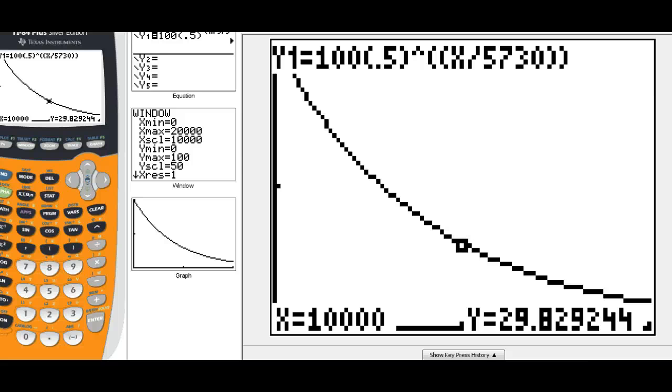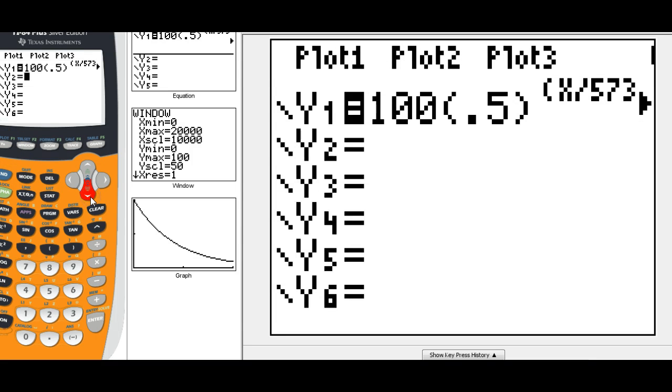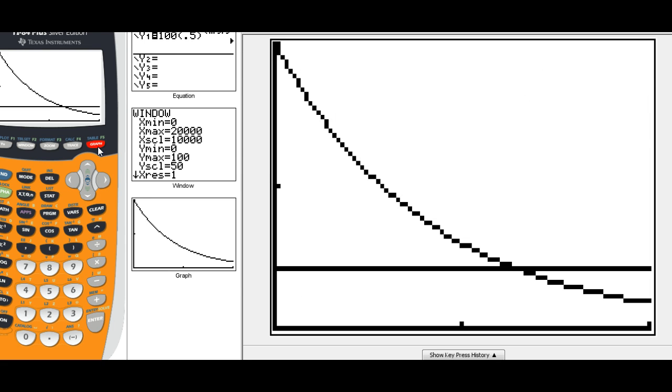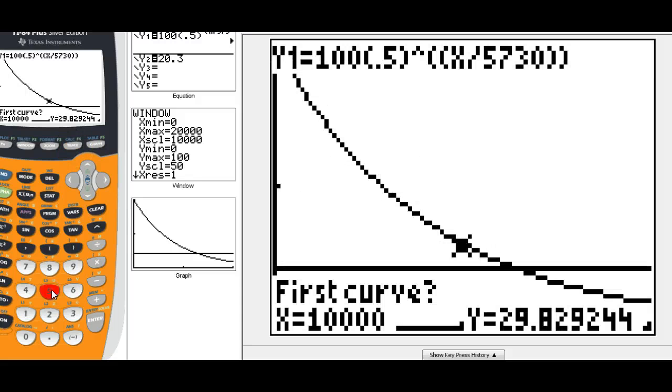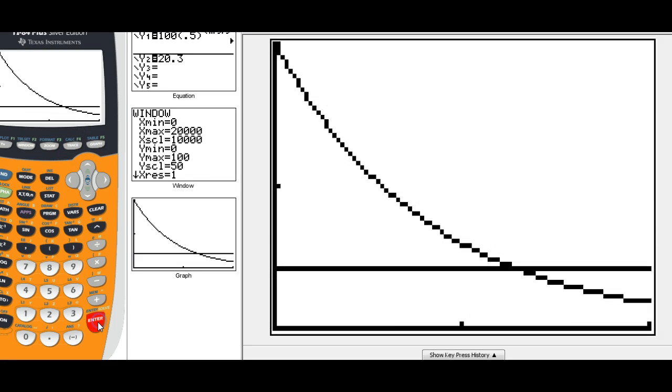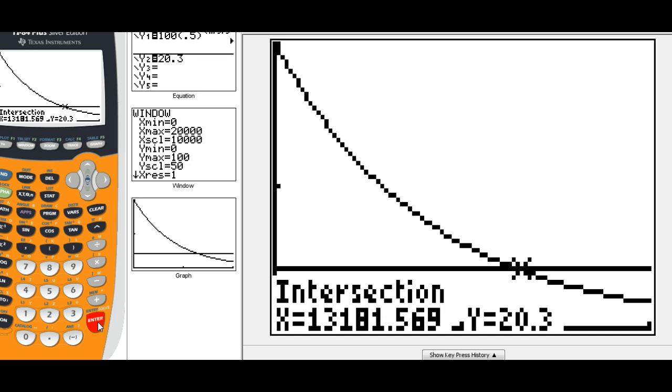So in Y2, I want to type in a percentage of 20.3, and when I graph that, it should intersect my exponential function. I want to find the point of intersection, so second calculate, intersect, and we just have to hit enter 3 times. And there we go.